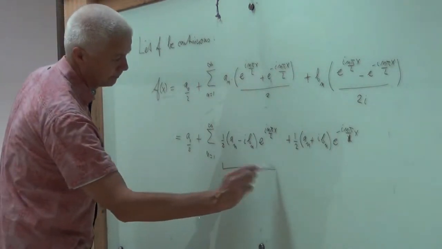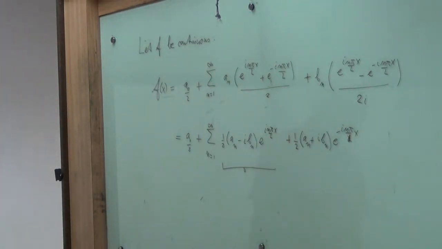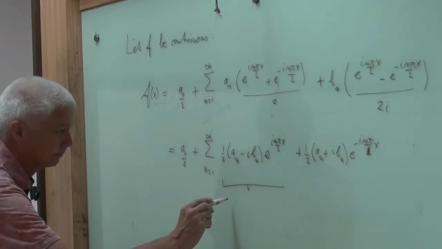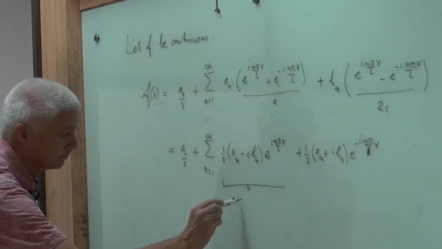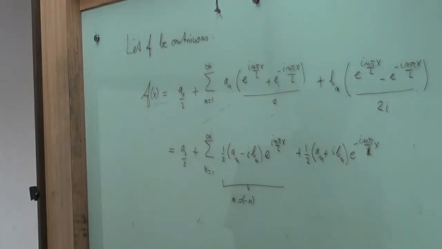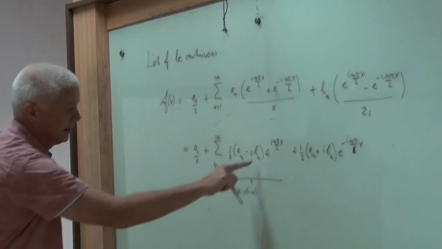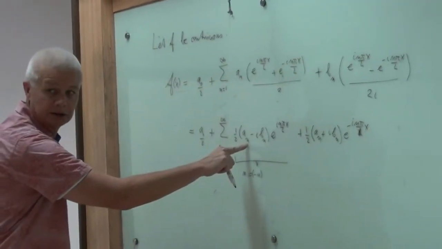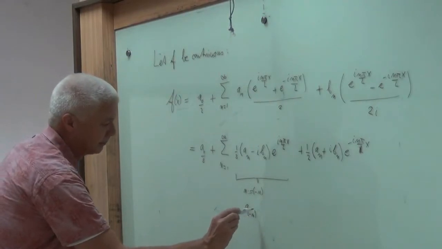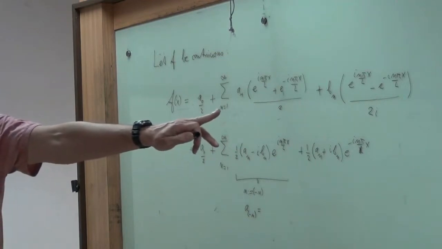And then for this term, I'm going to replace the n by minus n. That means that I get over here a minus, here minus, and here minus. And if I then look at my coefficient n minus n, what is it changing?